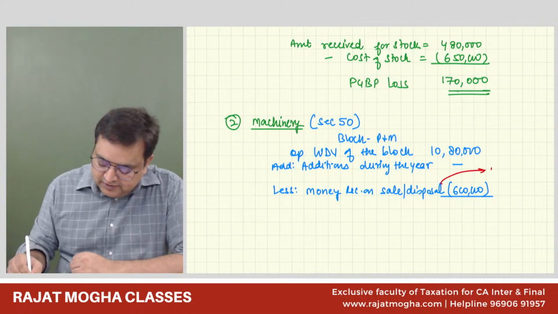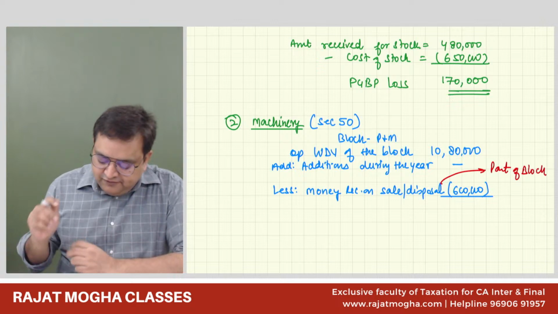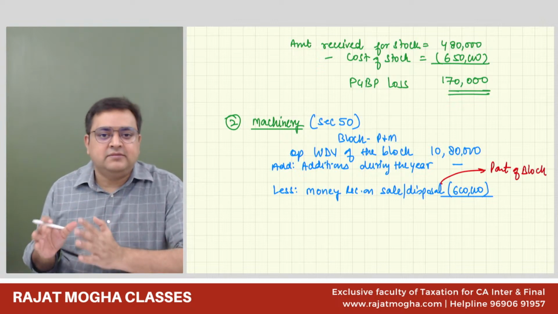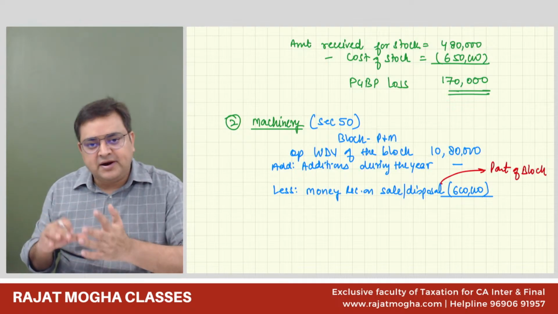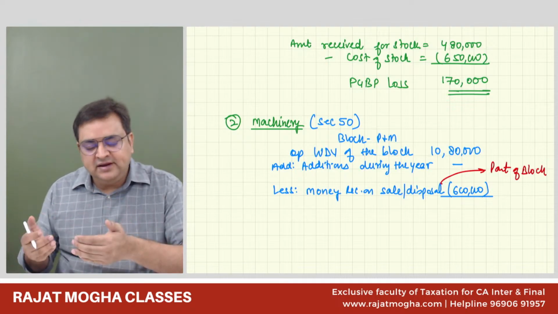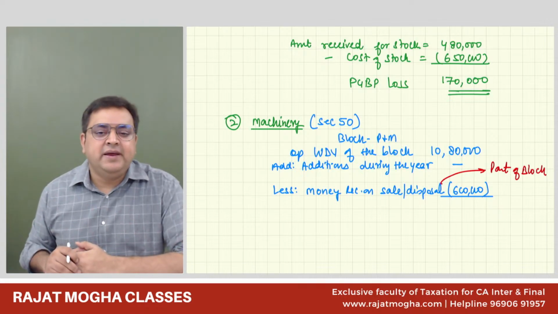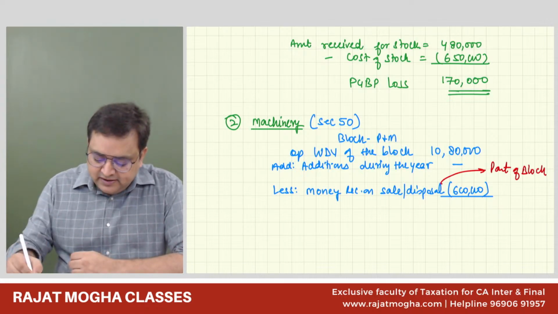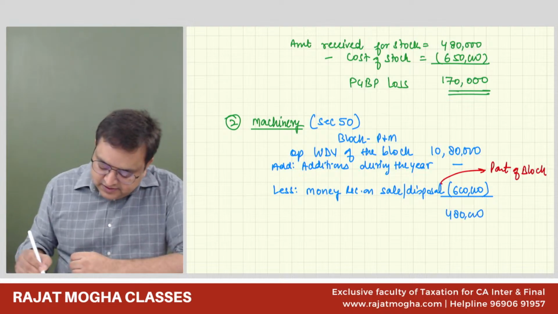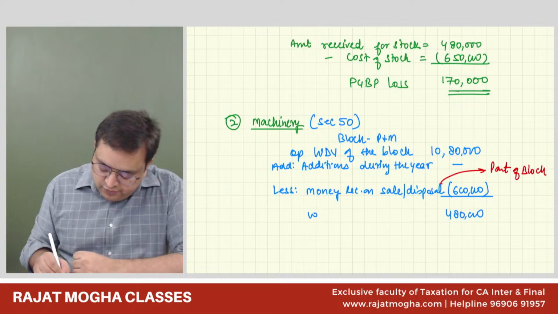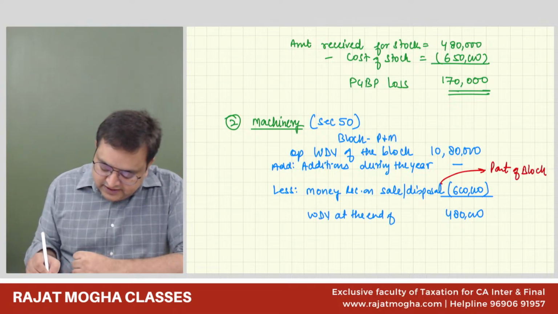It depends upon your assumption: if only part of the block is transferred, part of the machinery is destroyed, and we still continue with the remaining machinery, in that case 4,80,000 would be the WDV at the end for charging depreciation.